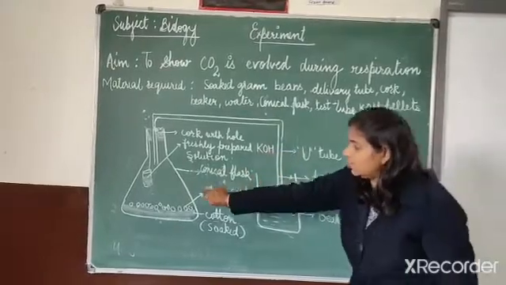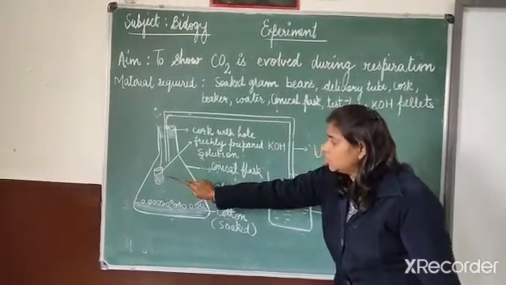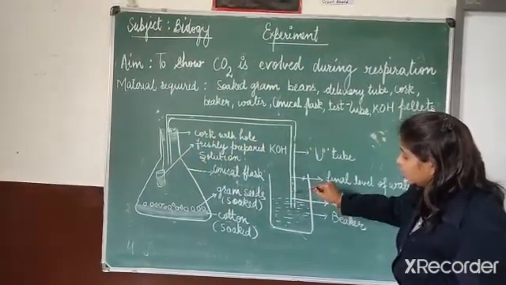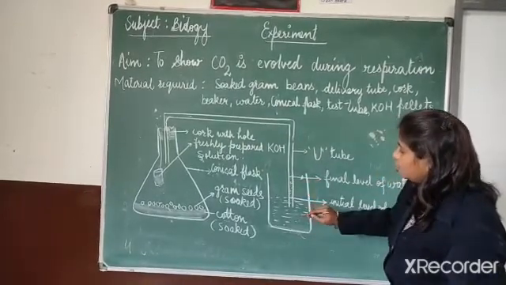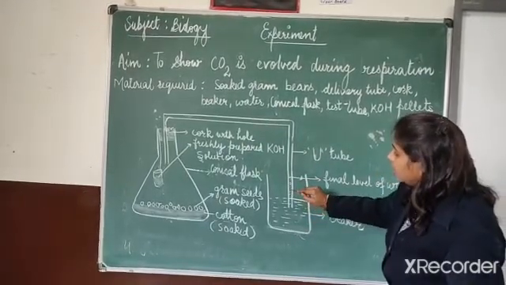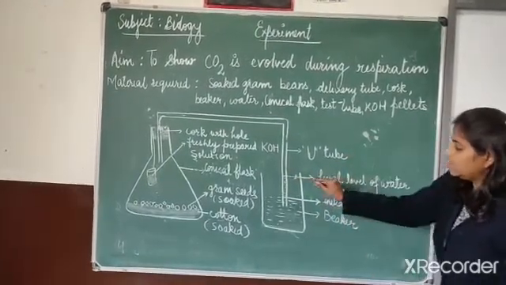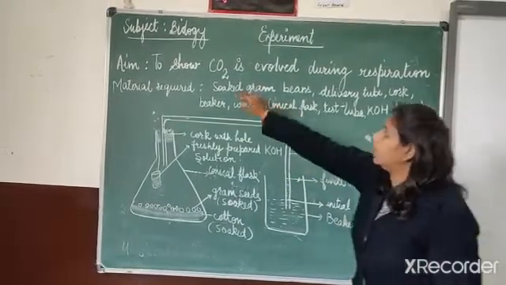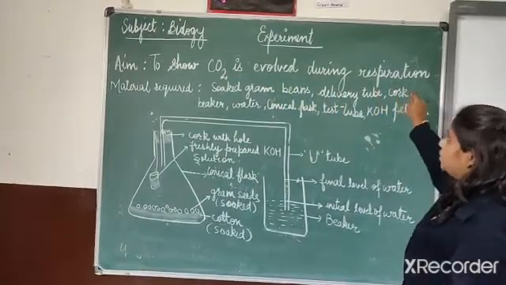Because carbon dioxide is absorbed by KOH, so a vacuum is created. This vacuum will draw water. The water will move up in the delivery tube, raising the level from initial to final.